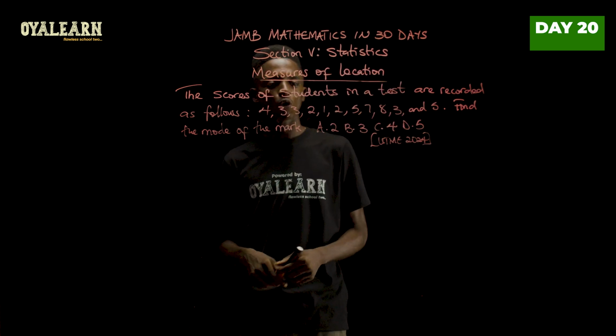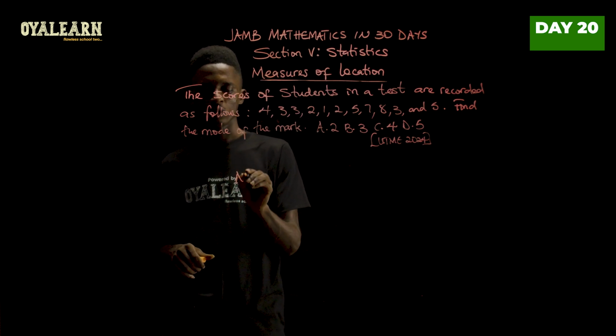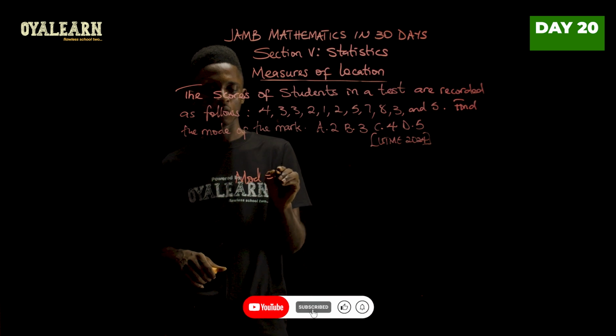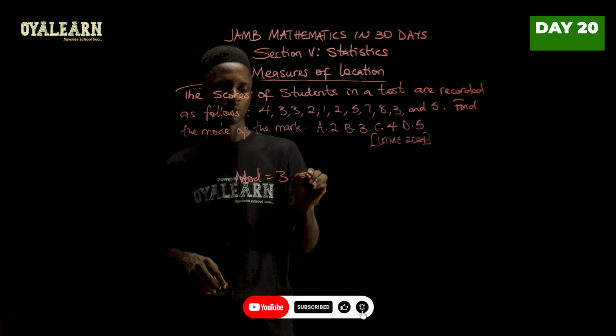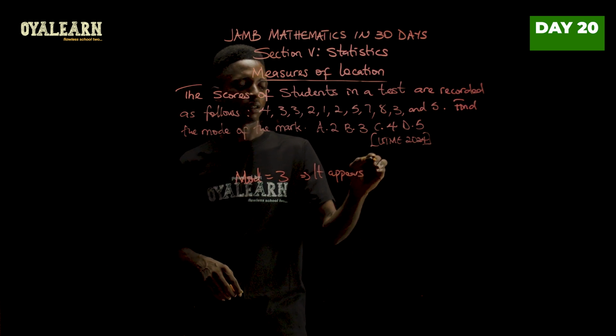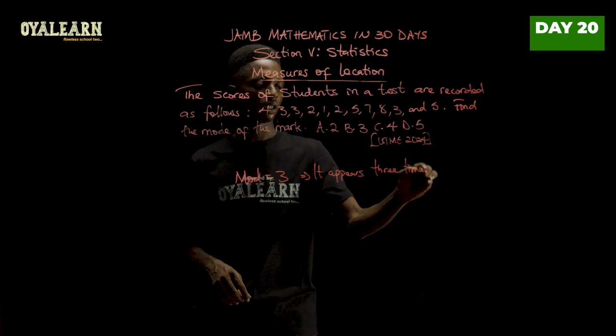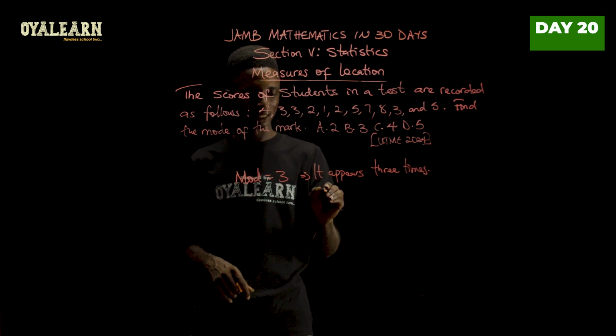So the modal score is 3 because it appears 3 times. So mode equals 3. So the answer is B.